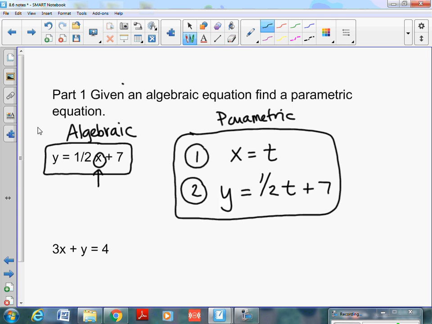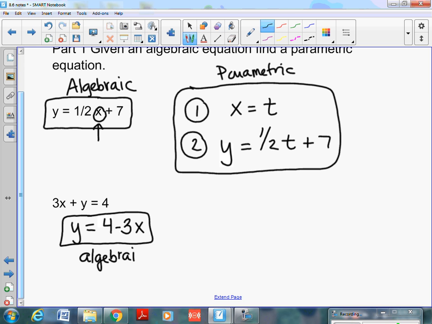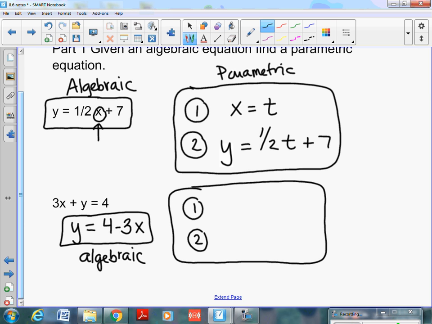Okay, let's do one more. I'm going to get y alone first. Doesn't y really equal 4 minus 3x? I'm going to box this in. This is the algebraic equation. Over here, I'm going to transform this into a parametric equation. So, again, it's really easy for the first part of the assignment.